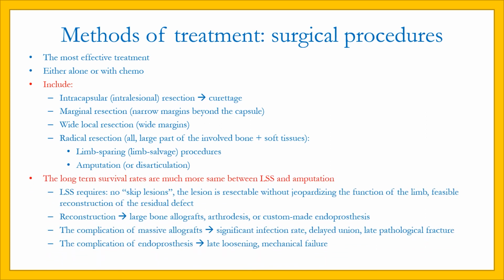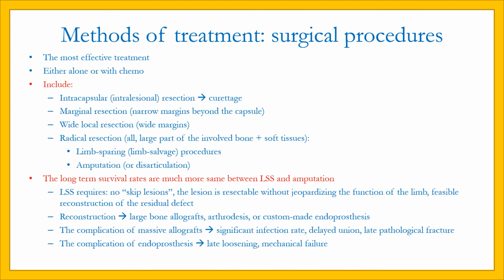The long-term survival rates are much the same between LSS and amputation. LSS requires no skip lesions, the lesion to be resectable without jeopardizing the function of the limb, and feasible reconstruction of the residual defect.